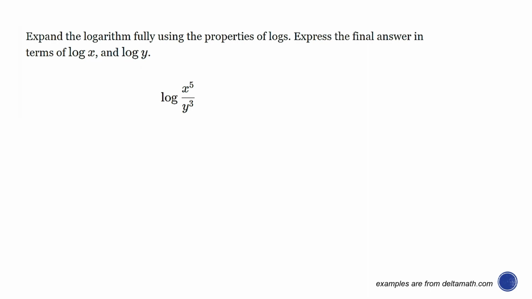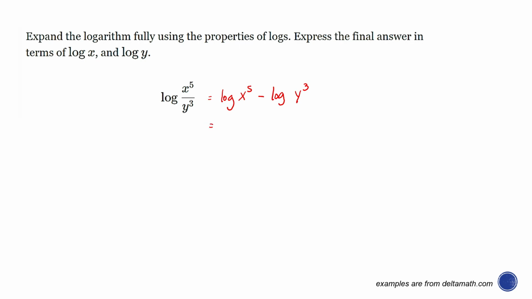Now, this is obvious. What we have here is division. So definitely we will use the quotient rule. And then we see exponents, so that means we will use the power rule. So quotient and power. Let's use the quotient first. That means we can express this as log x raised to 5 minus log y raised to 3.